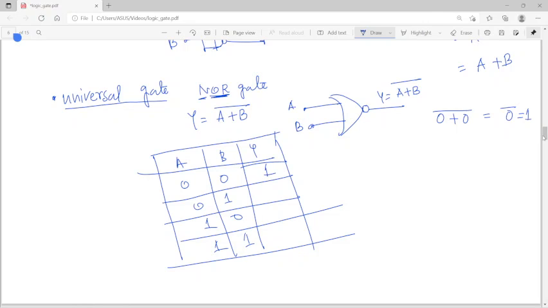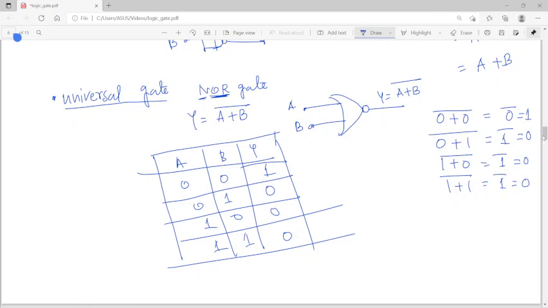Output is 1. For 01, that means 0 plus 1, which is 1 according to the OR gate, then the bar will give you 0. Similarly 1 plus 0 is 1, bar will give you 0. And 1 plus 1 is 1, bar is 0. So all the remaining cases are 0. That is just the opposite of the OR gate.